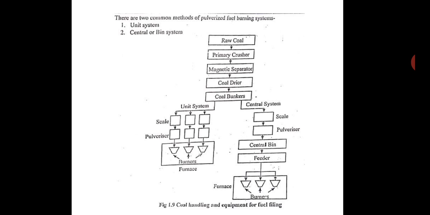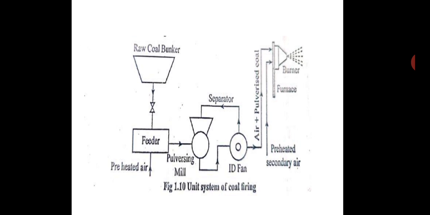In operation, raw coal is supplied to the bunker, and the crushed coal is then fed to the pulverizing mill through a feeder at a specified rate depending upon the combustion requirements. Hot air and gases are passed through the feeder to dry the coal. The dried coal is pulverized in the mill and is carried to the burner.